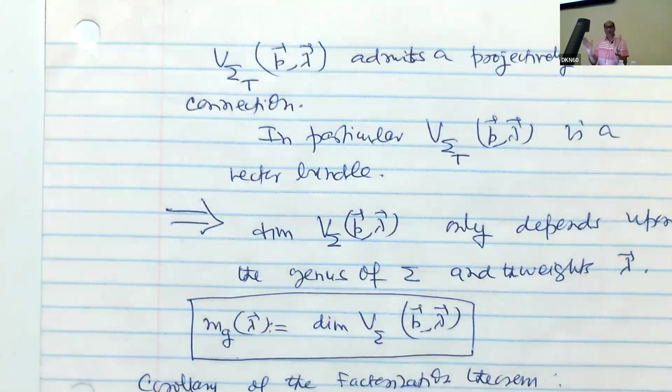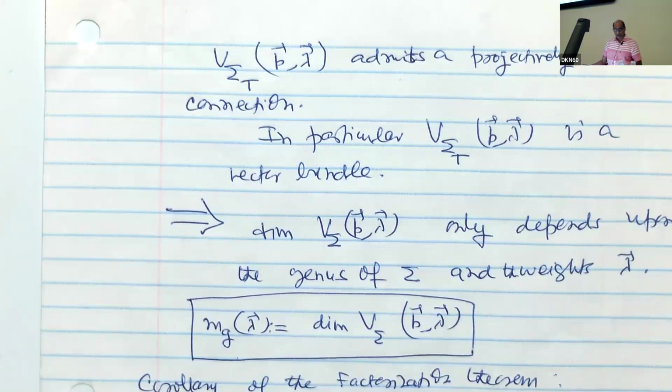And let's just assume that sigma is a smooth curve right now, just for a minute, and connected, in any case, I'm assuming. So this theorem has the consequence that this dimension does not depend upon the choice of the points and does not depend upon the choice of the curve as long as we keep the genus fixed. Because if I fix the genus, then the curves of that genus form a connected family.